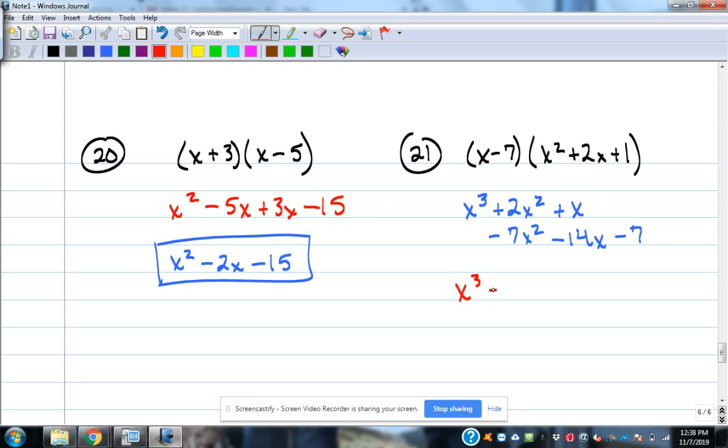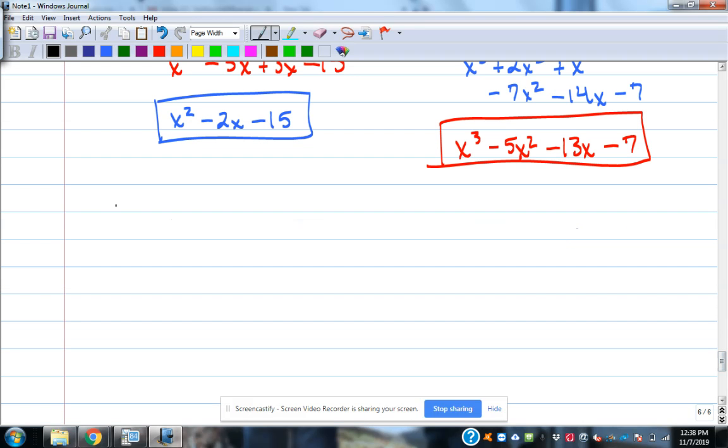X cubed minus 5x squared minus 13x minus 7. It probably isn't that much of a help on this problem, but on this problem, it might be: x plus 2 times x cubed plus 5x squared minus 3x plus 9.